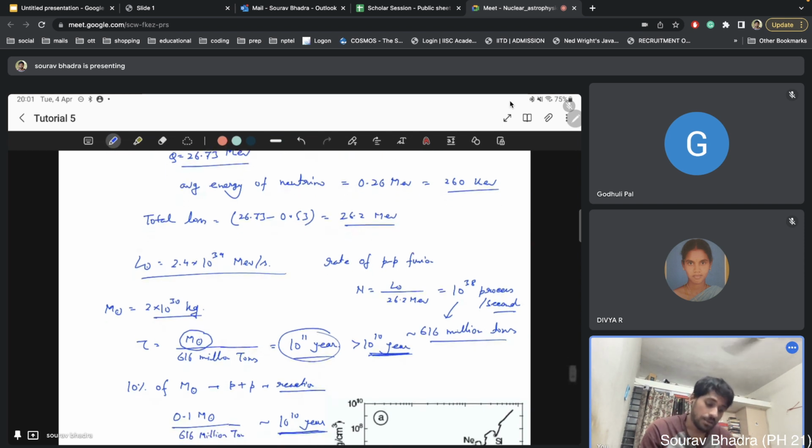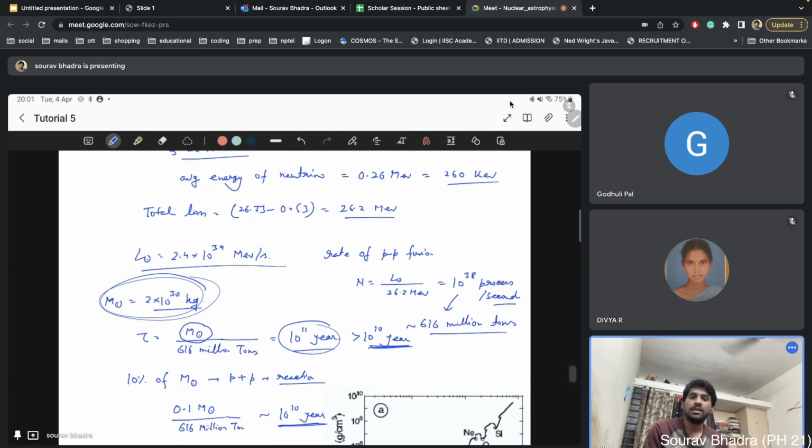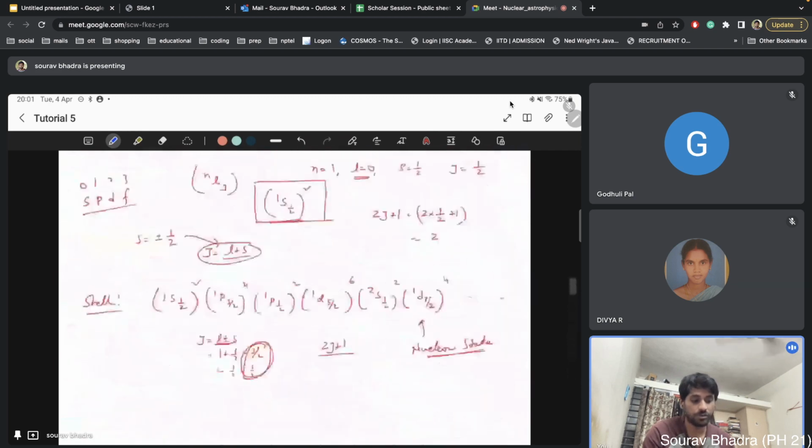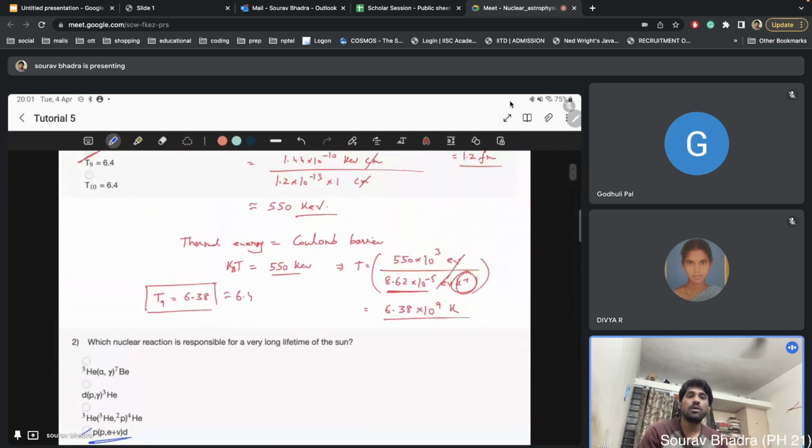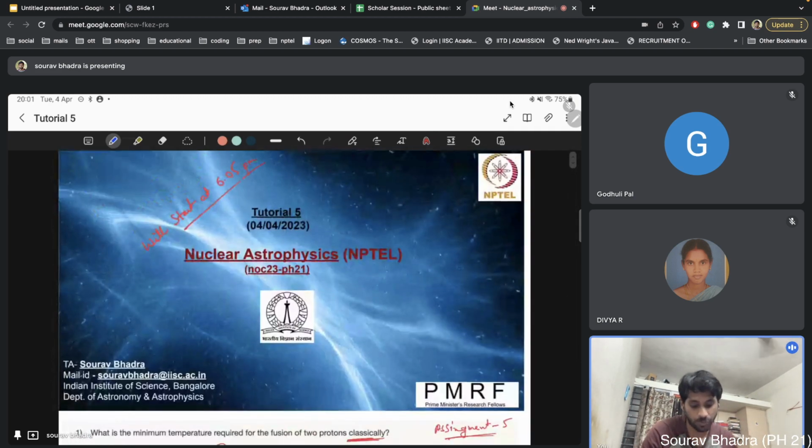If we only consider that 10% of the total mass is going into the PP fusion reaction, then these values are consistent. That's why we generally consider that 10% of the sun's total mass is in hydrogen state going to helium, just to match the two lifetimes which have been calculated in different ways.